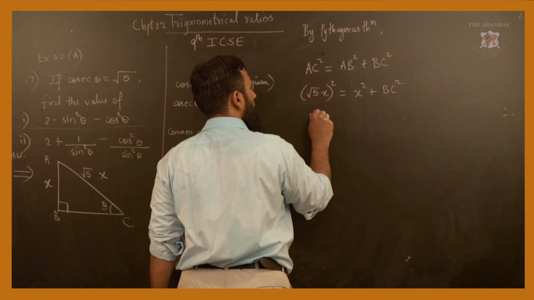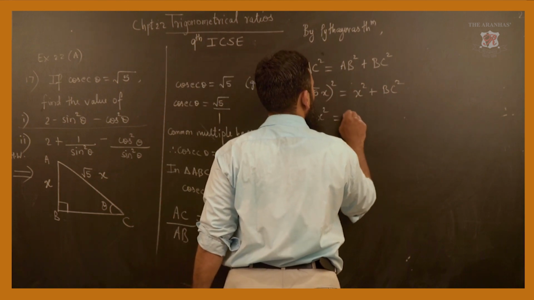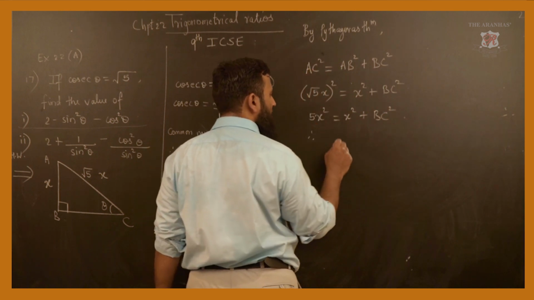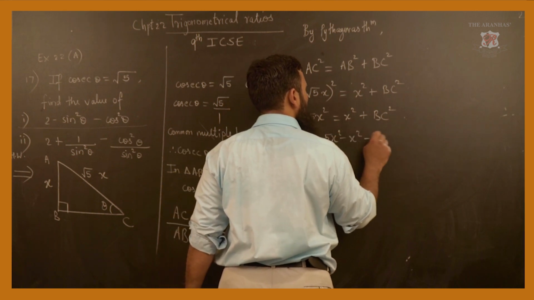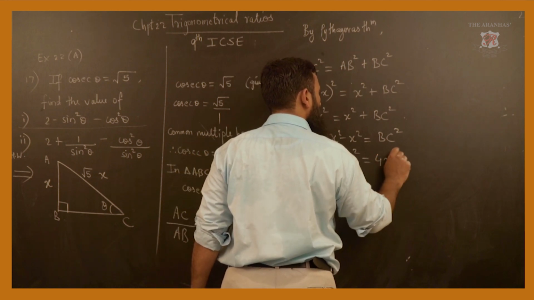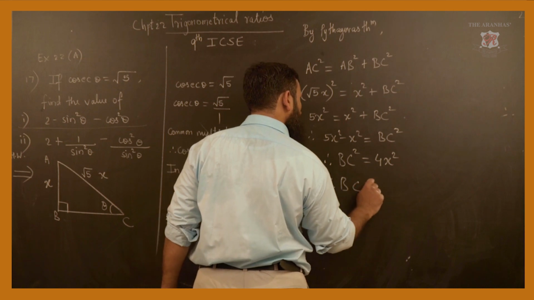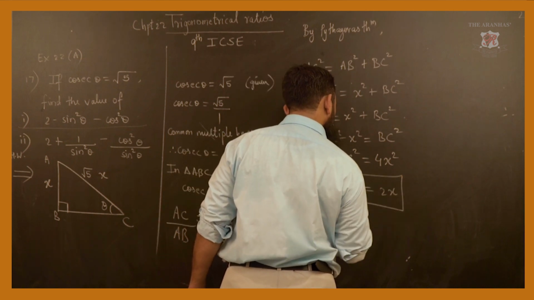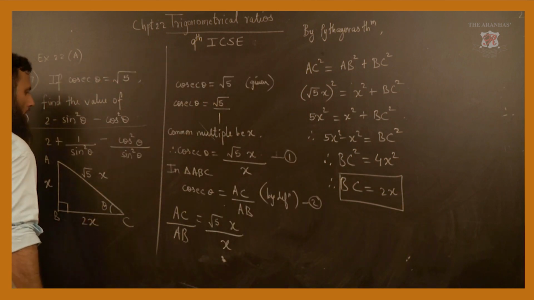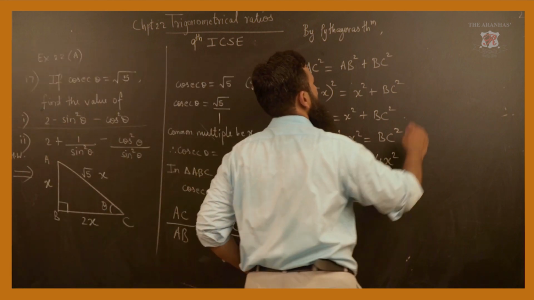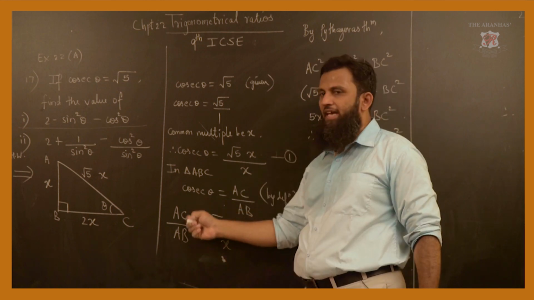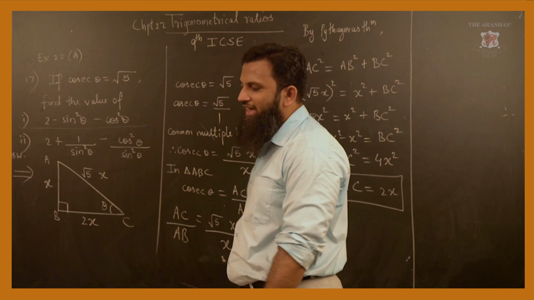Square of this will be 5x square, which is equal to x square plus BC square. If you shift this x square on this side, it will be 5x square minus x square is equal to BC square. So BC square will be 4x square, and therefore BC will be equal to 2x. So these are the points. We have BC, we have AC and AB. All the three sides of the triangle are known to us.